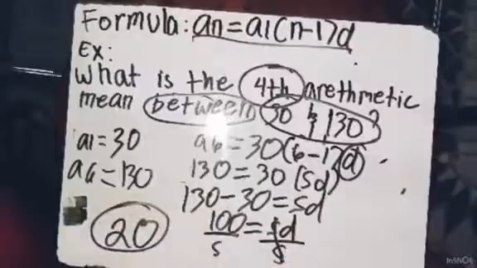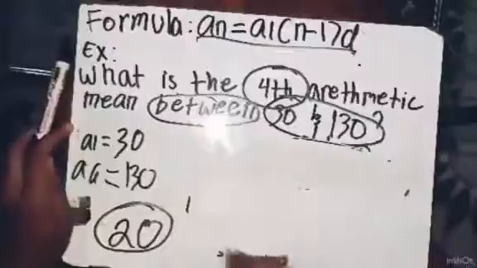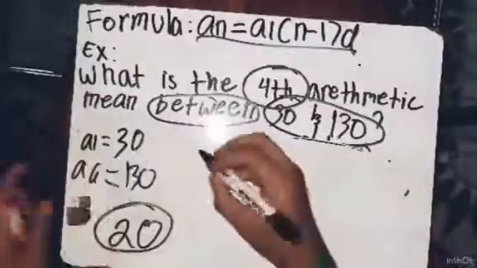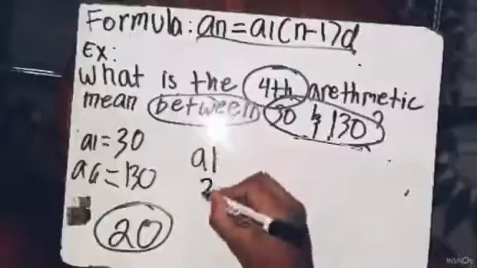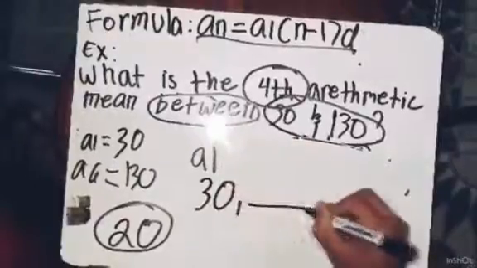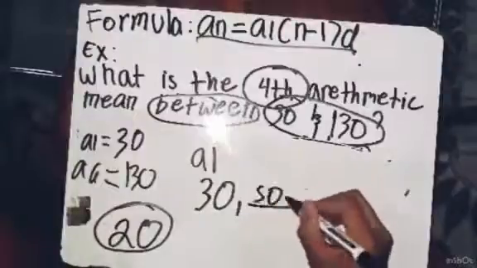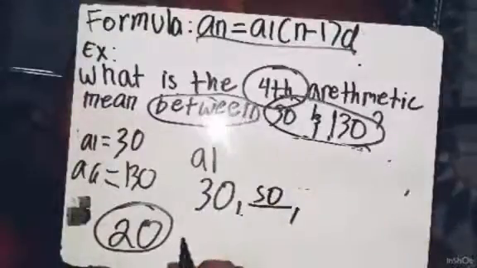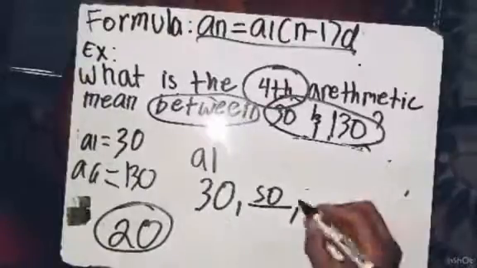And now, let's just do this again. So, remember, A1 is 30. So 30 plus 20 equals 50. Next, 50 plus 20 equals 70.